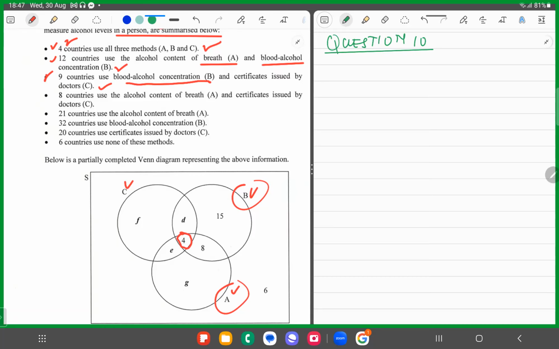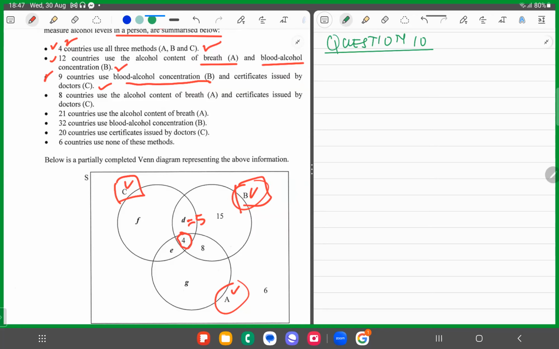9 countries use blood alcohol concentration B and certificates issued by doctors C. So now you have that 9 countries use B and C. If there are to be 9, it means D is 5, because 5 plus 4 is 9.